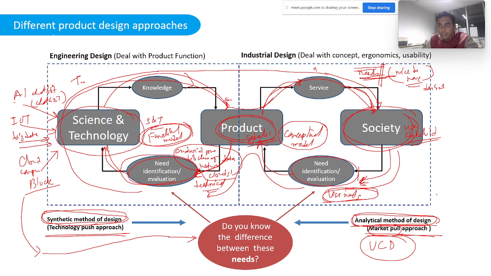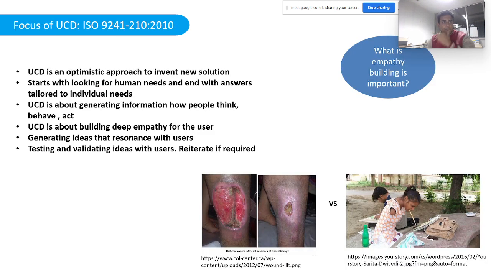Okay, so let's move to the next slide. Now we need to understand the focus of user-centric design from the point of view of international standards. ISO 9241 part 210, amended in 2010, defines the focus of user-centric design.